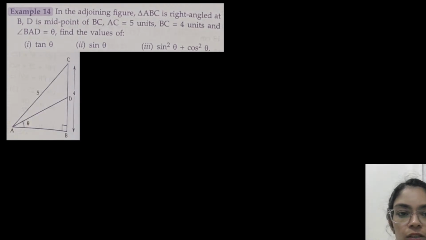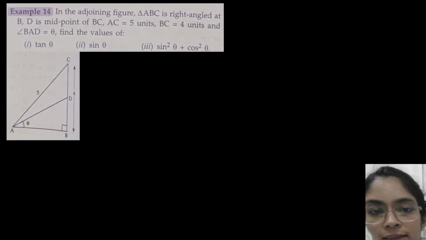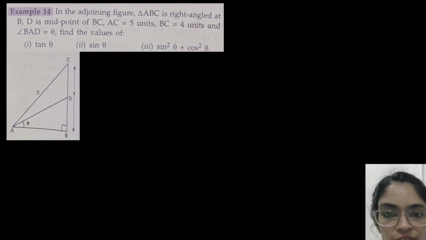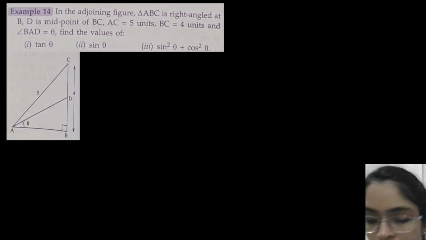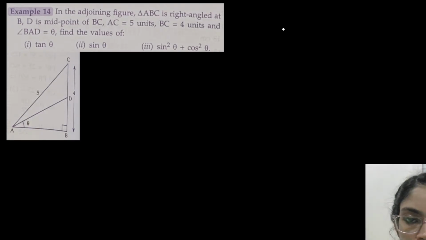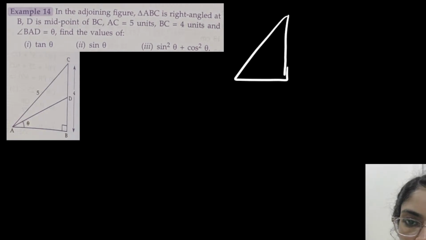One more question you can see on my screen. This also has a figure. In the adjoining figure, triangle ABC is right angled at B. Here also I have two right angle triangles. One is the complete triangle, triangle ABC.